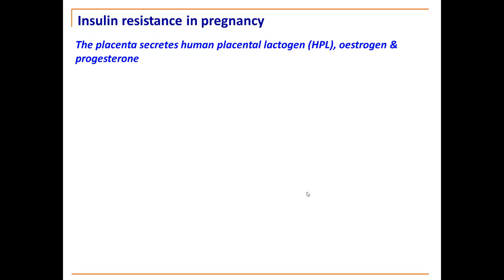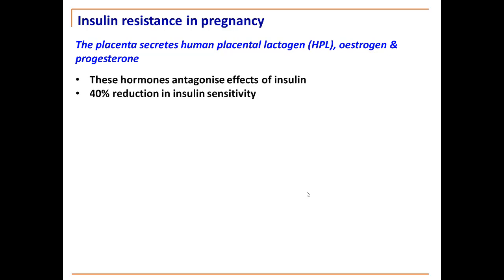So, like we've said, the placenta secretes lots and lots of things. Other things it secretes are estrogen, progesterone, and HPL, or human placental lactogen. Now, these hormones antagonize the effects of insulin. In other words, they act against insulin. And that means we have a 40% reduction in insulin sensitivity.